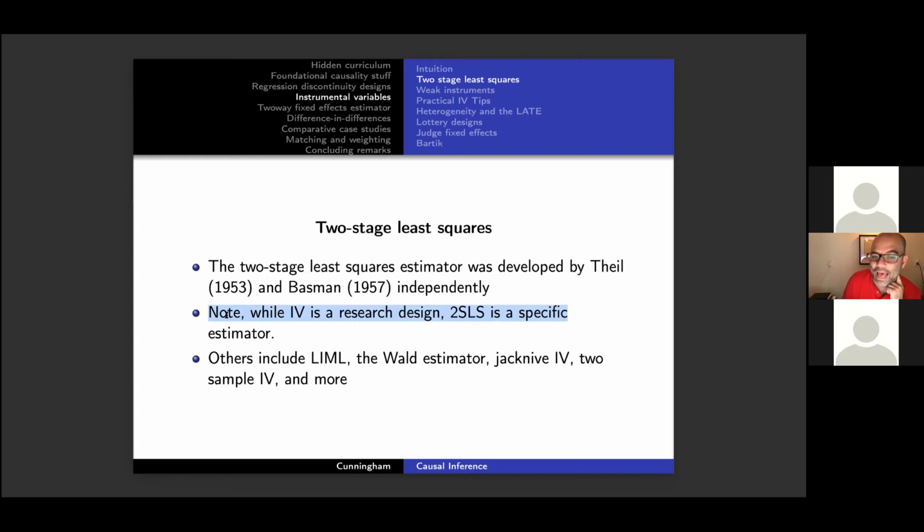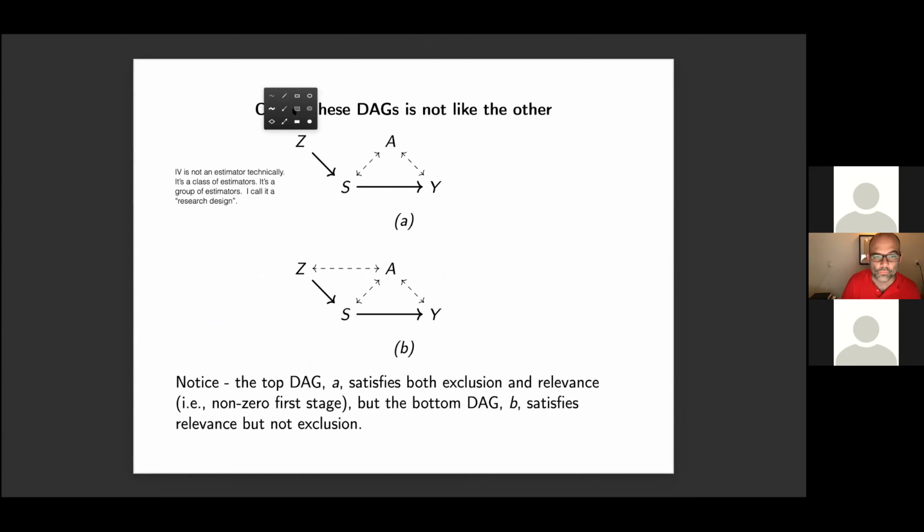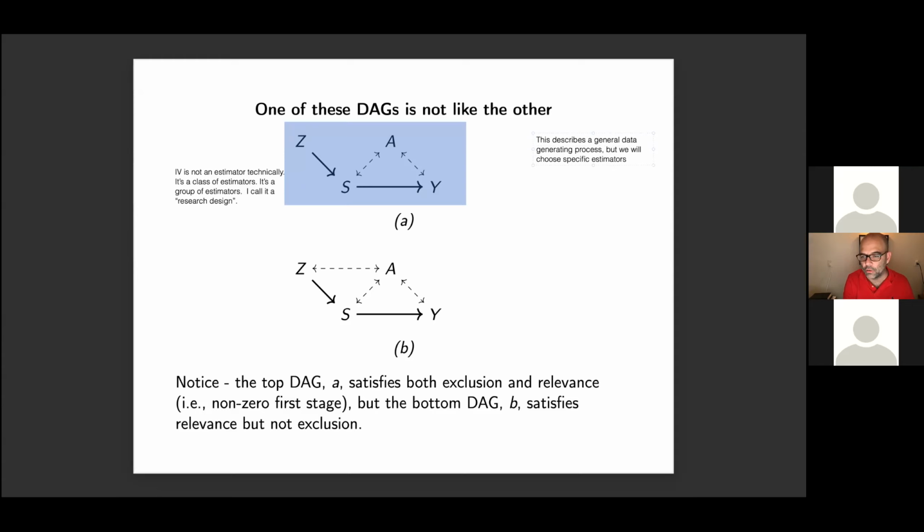IV is what I call a class. IV is not an estimator, technically. It's a class of estimators. It's a group of estimators. I call it a research design. It's any situation like this. This describes a general data generating process, but we will choose specific estimators for various statistical reasons to estimate S's effect on Y using Z as an instrument.